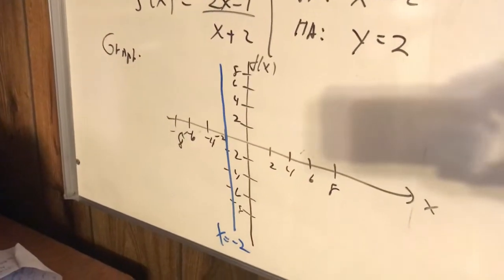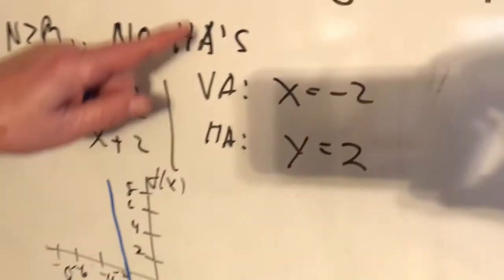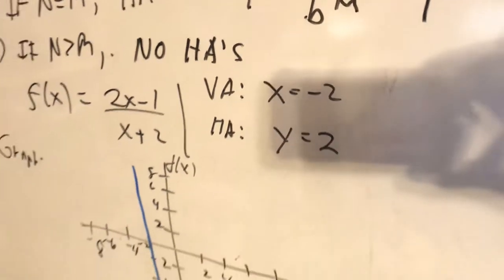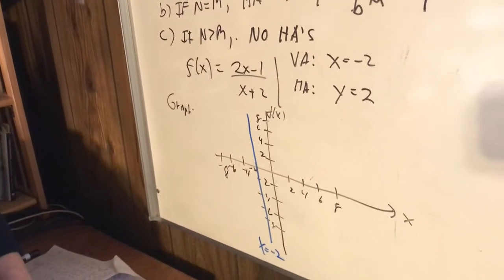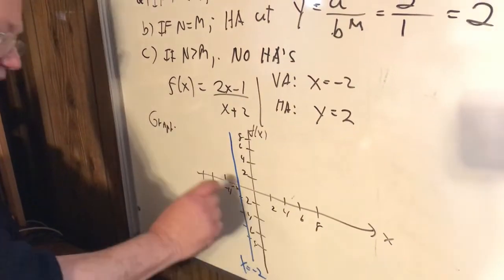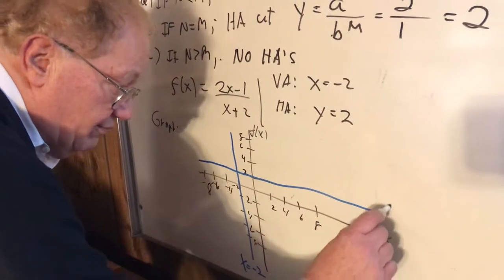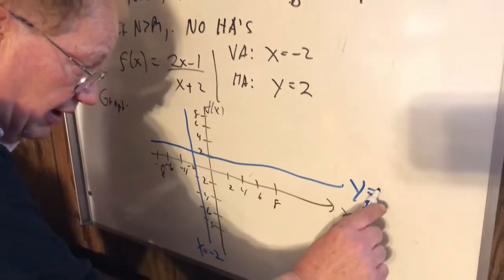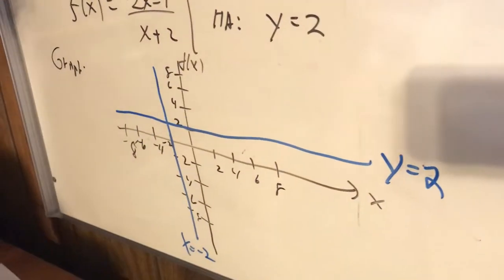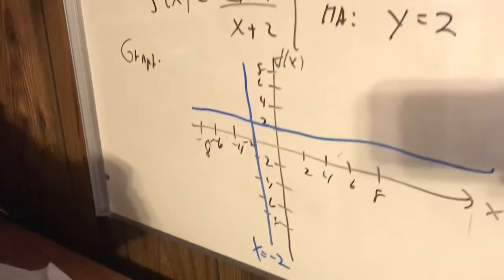Notice a vertical asymptote is a vertical line. Now if you look at y equals 2, at all levels of x, y equals 2, that's going to be a straight line like this. Notice that is a horizontal line. That's why we call it a horizontal asymptote. Now I drew the asymptotes.